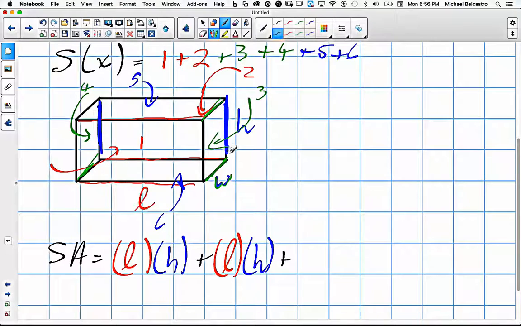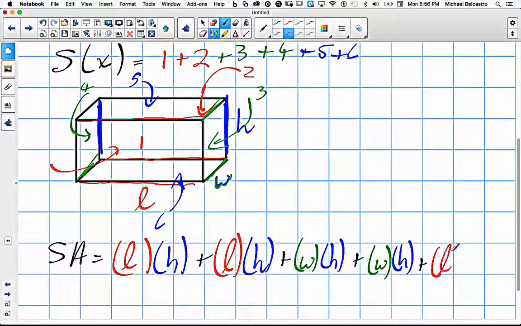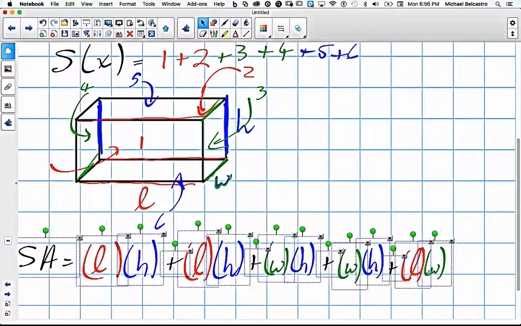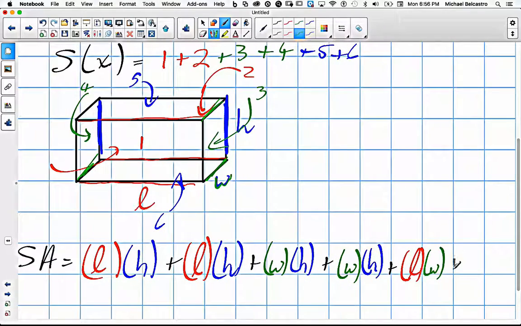Side 3 was width times height, so we have our width times our height, and then duplicating again, it's the same thing, width times height. And then finally, our side 5, which was the one on top, was length times width. So L times W. Oh no, I left room. And then we duplicate it again, L times W. Okay, nice and color-coded.